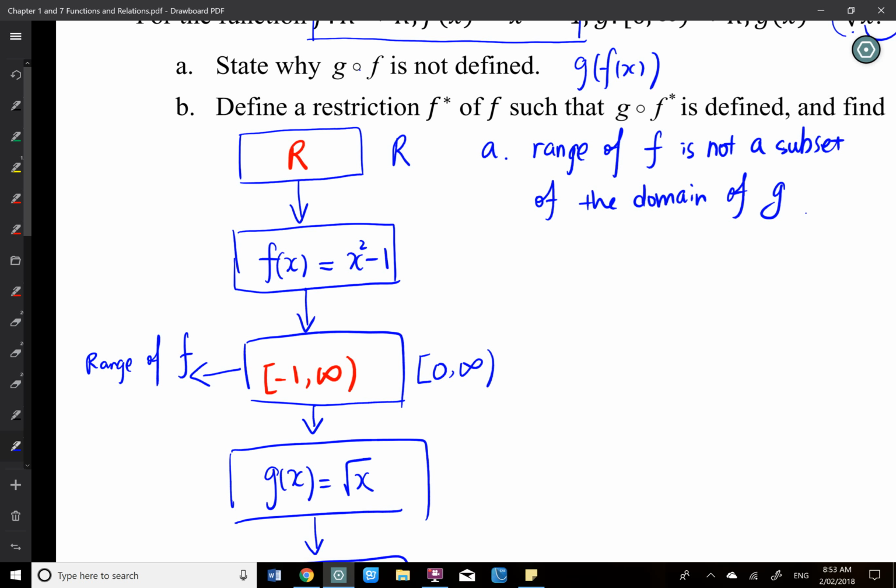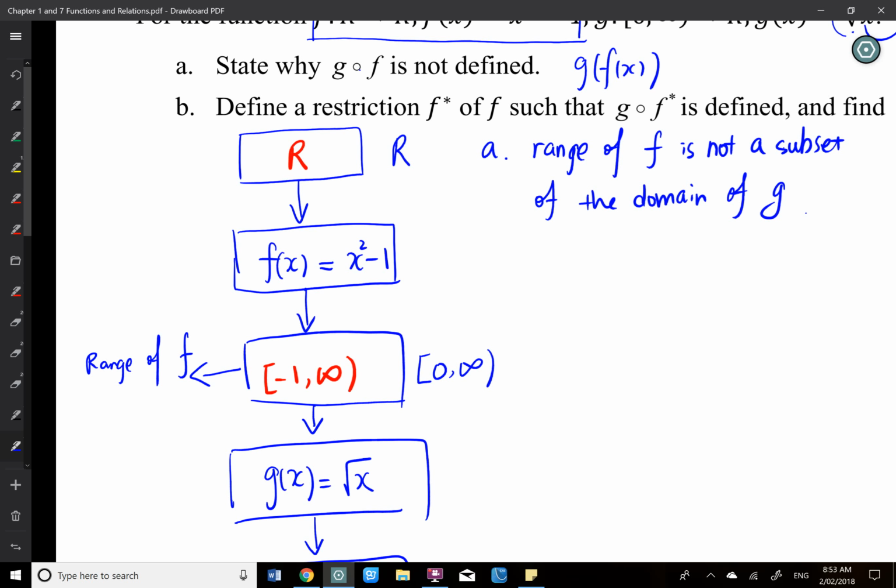You can see I put any value in, any value I like. I will definitely get a range of -1 to infinity. And I check, part of the values is not a subset of this. I can't keep going. That's why this composite function does not exist. So every time when they say the composite function does not exist, it must mean the inner function's range is not a subset of the outer function's domain.